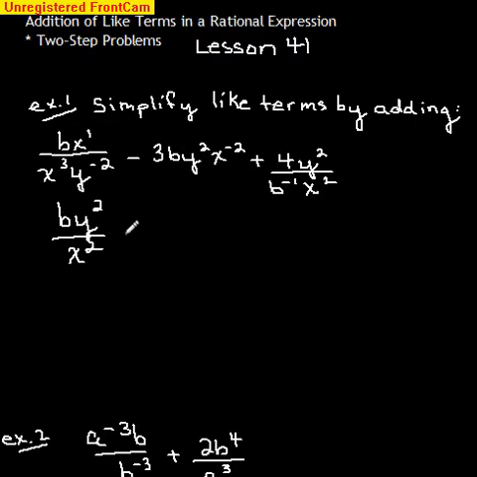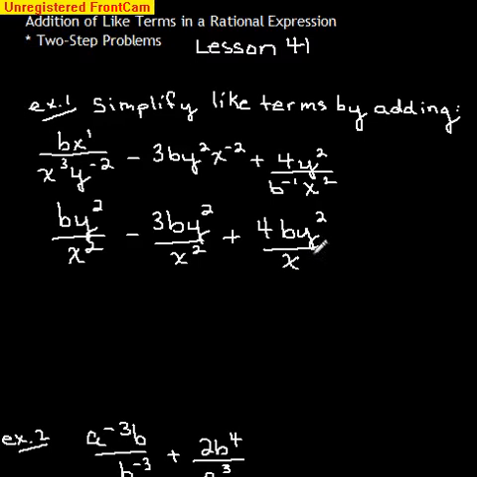Let's do the next one. We have negative 3 b y squared over x squared. Is anything starting to look alike to you? And then the final one, we only have one negative exponent, so we're going to get 4 b y squared over x squared. And look at that.